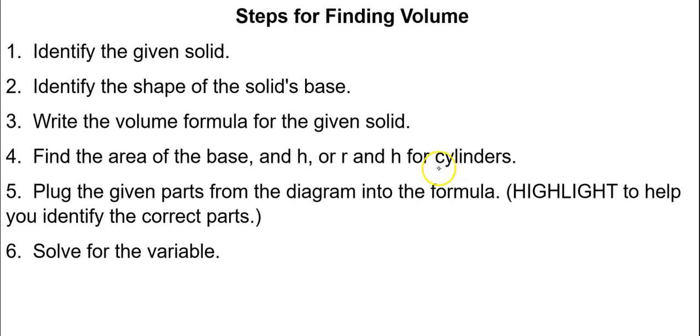Find the area of the base, h, or r and h for cylinders. Plug in our given parts in our diagram. Highlight, highlight, highlight. I can't stress that enough. And then solve for whatever is being asked for. All right? So we're going to get started here in a moment. If you've got any questions, make sure you ask.